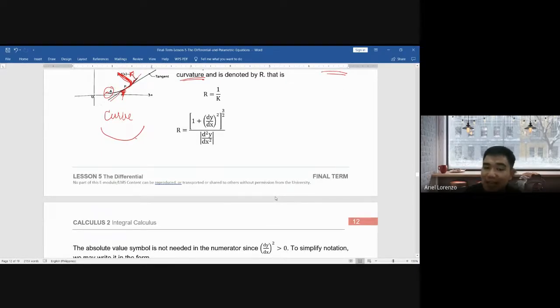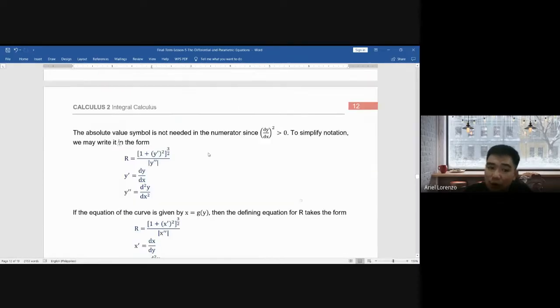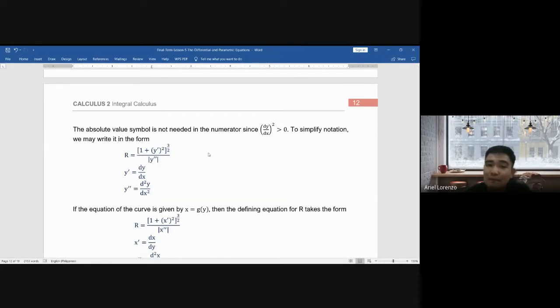Iba yung square ha. Kumbaga, kunin mo muna yung first derivative, then i-square mo siya. Yung nasa denominator is the second derivative of the function. Or, r now is equal to 1 plus y prime square raised to 3 halves all over y double prime. That's to solve the radius.